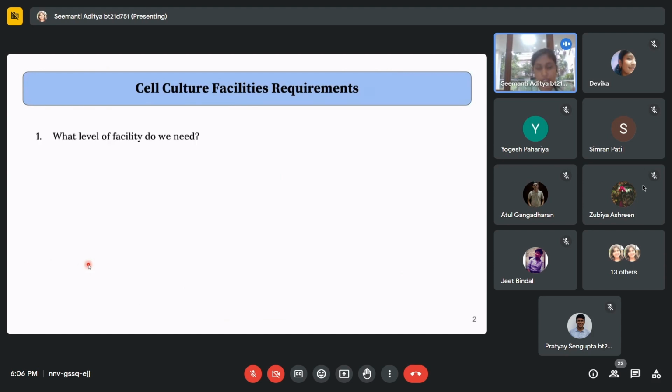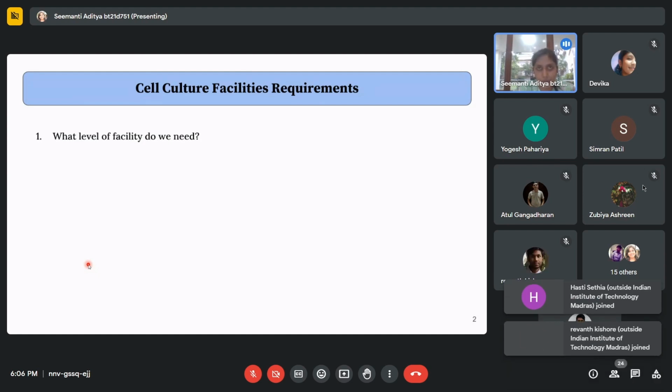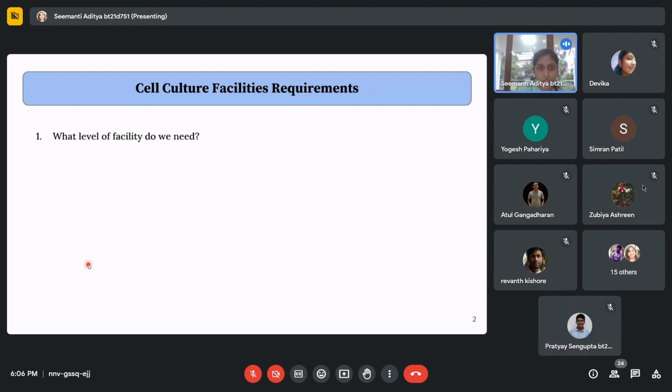Based on those requirements, the newly joined professors will design the lab. They will design the cell culture lab based on what kind of techniques or expertise they are working on. The first and foremost point we need to keep in mind is what level of facility we really require.